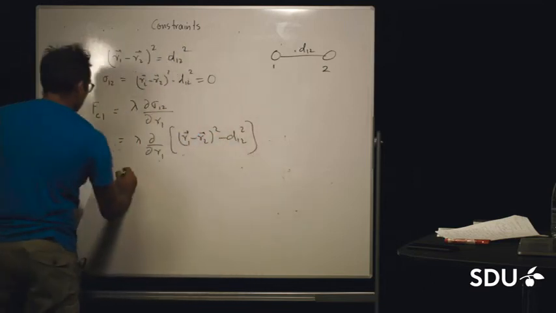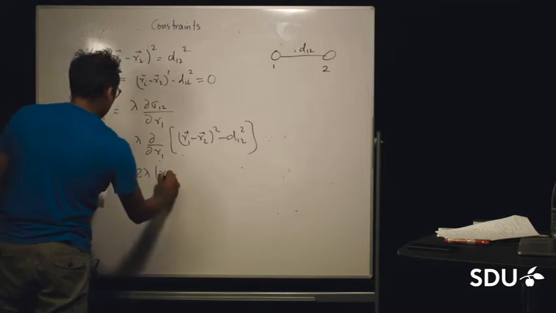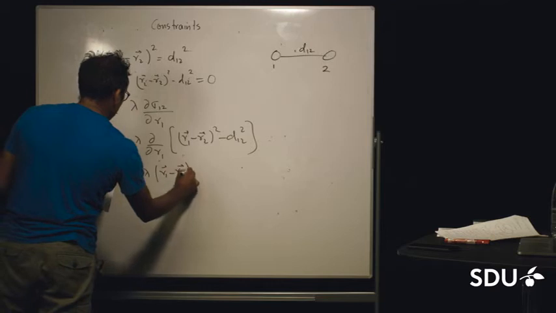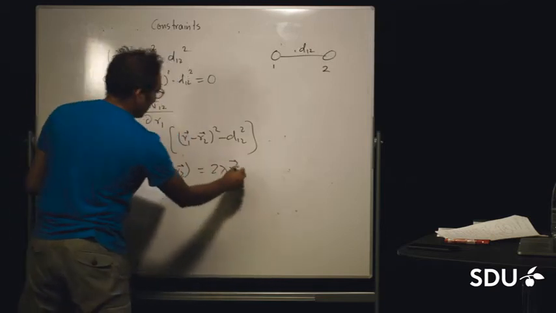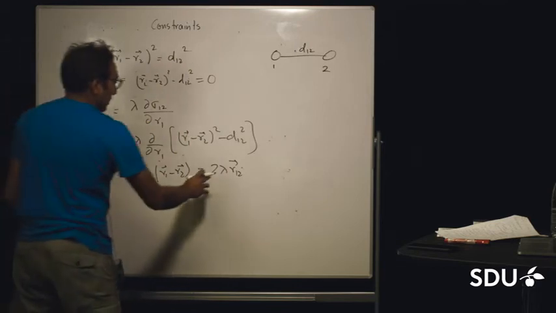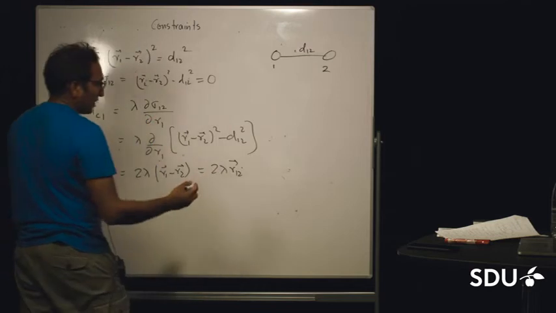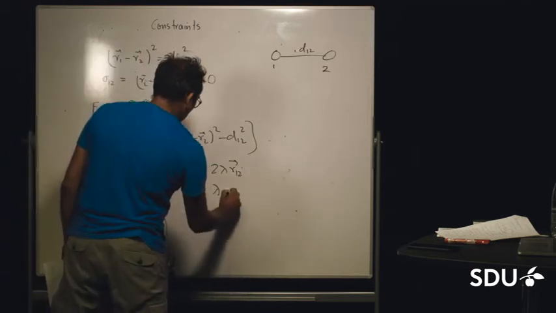If you simplify this, what you get is 2 lambda into (r1 minus r2), which is simply equal to 2 lambda r12, where r12 represents the distance between r1 and r2. This 2 lambda I am going to write as lambda 12 for simplicity.